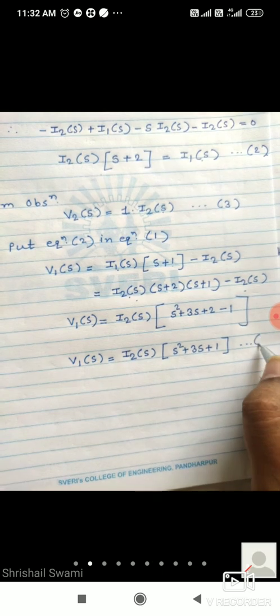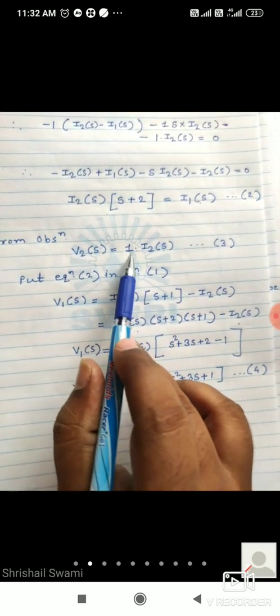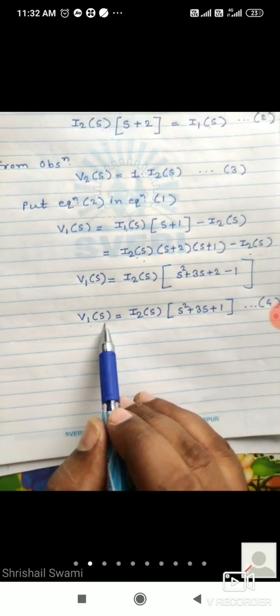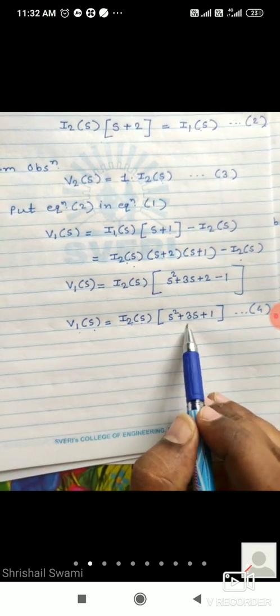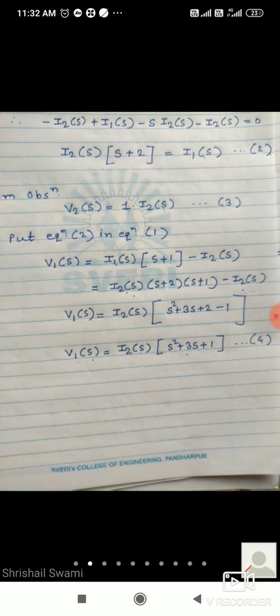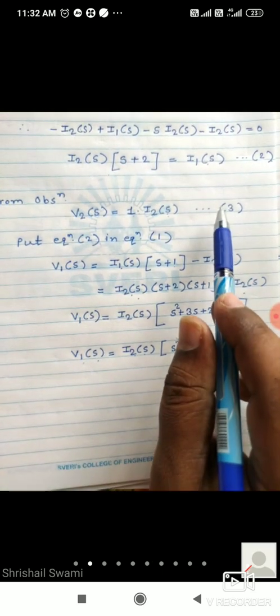So this is equation number 4. आता V2 of s आहे 1 into I2 of s, V1 of s आहे I2 of s into this one. आता रेशो घ्या. रेशो कशाचं पाहिजे आता? V1 upon V2 पाहिजे.